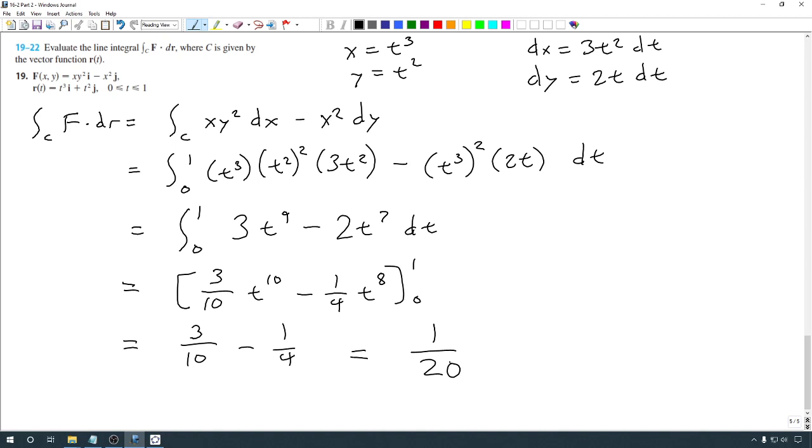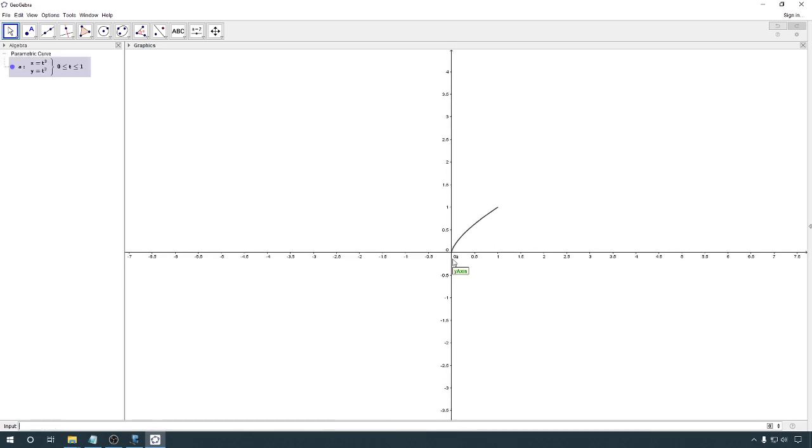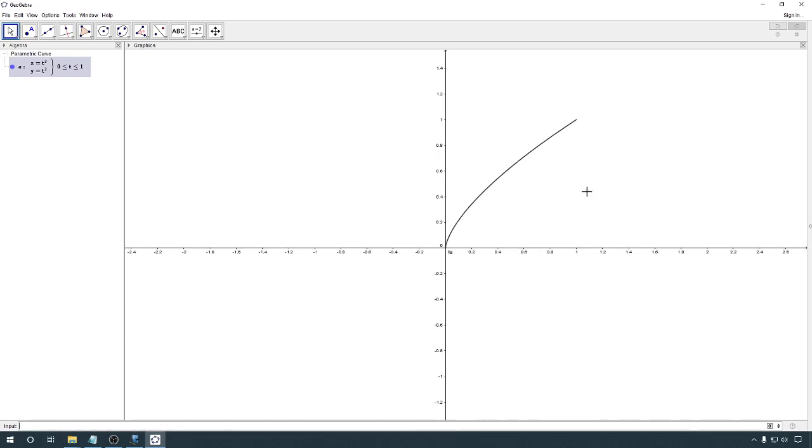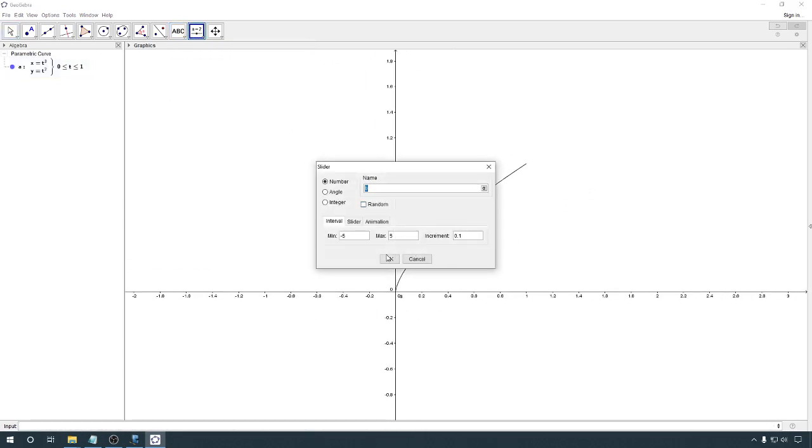Now, if we actually want to go ahead and plot this and see what's happening, recall that our curve was t cubed, t squared, where our parameter t goes from 0 to 1. So we got this little curve here. I'm going to pick a slider here.